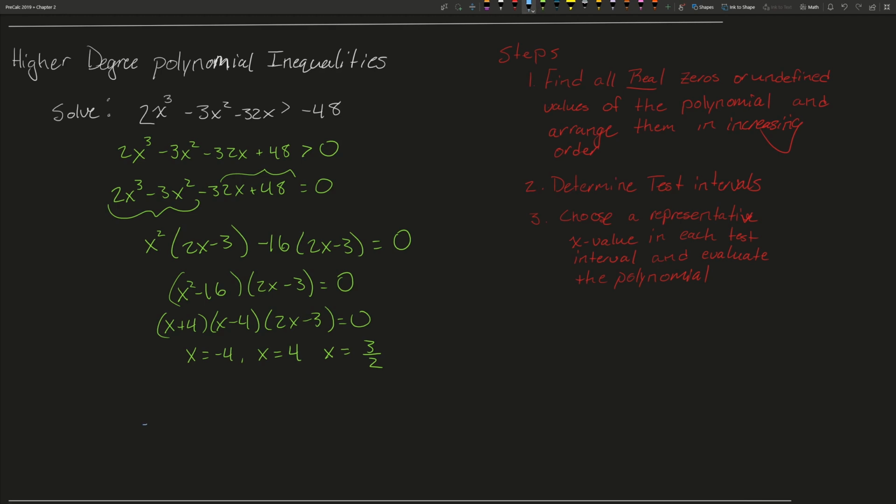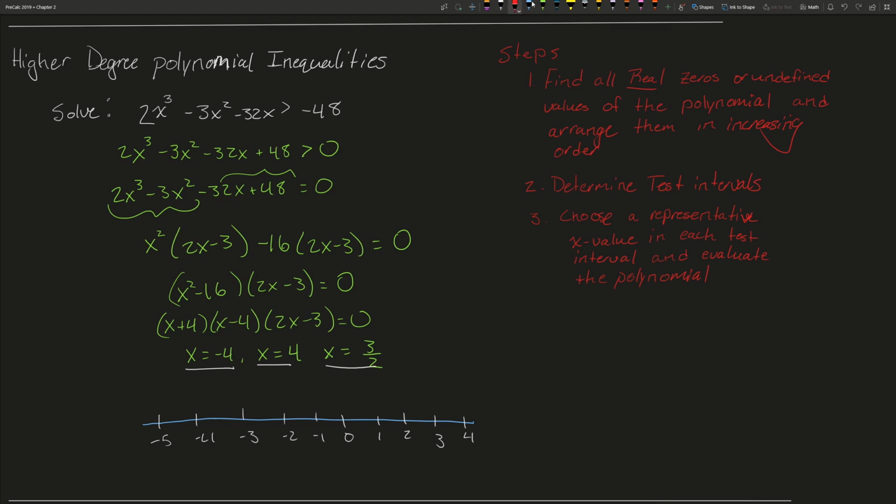The next thing we need to do is to determine our test intervals. Each of these factors splits up our x-axis into different intervals.